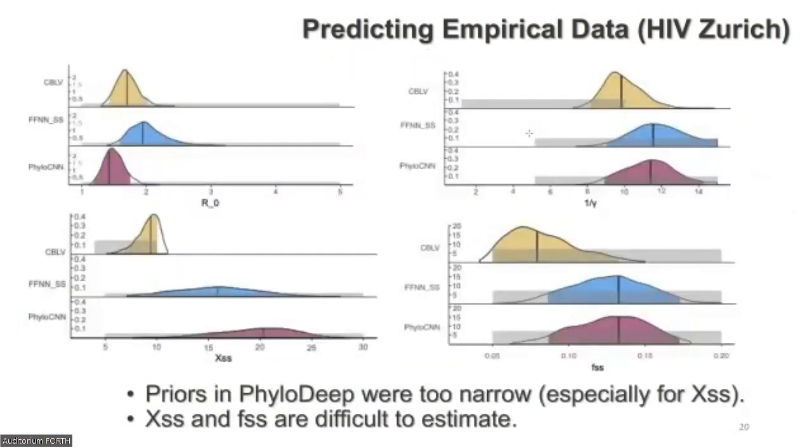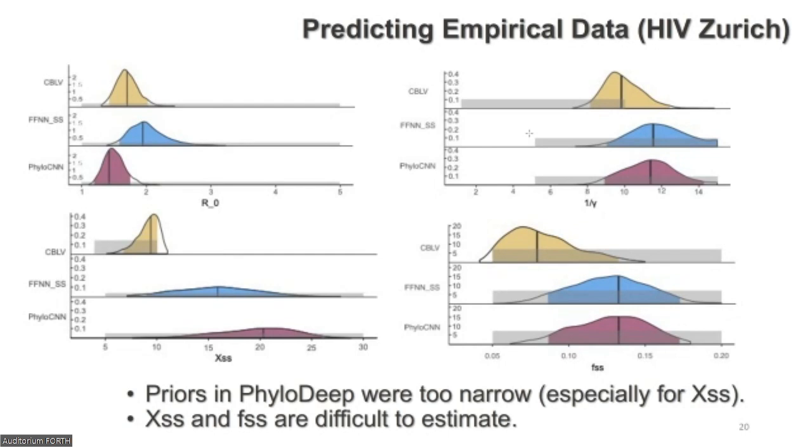And those are the results. In yellow is CBLV, and the gray boxes are the priors that they used. So if, for example, you look at this parameter here, the posterior distribution is much narrower for CBLV, but the prior also doesn't seem to be very appropriate for what they are estimating.